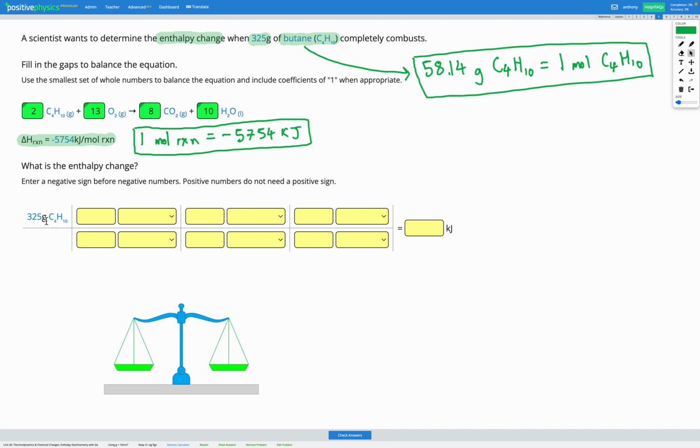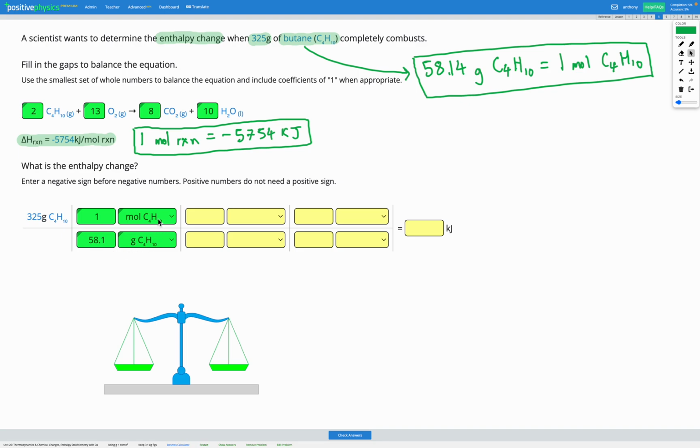We're starting with grams, so we're going to want to put grams on the bottom of our fraction so it will cancel out. And we're converting into moles. And we need the numbers here to be such that the top and bottom of our fraction are equal to each other. So on the bottom with grams, we're going to have 58.14 grams of C4H10, and that's equal to 1 mole of C4H10. So that's our first step, converting grams of C4H10 into moles of C4H10.